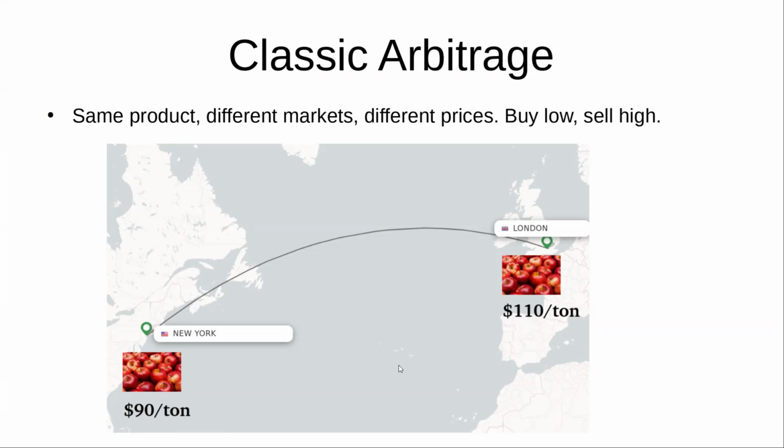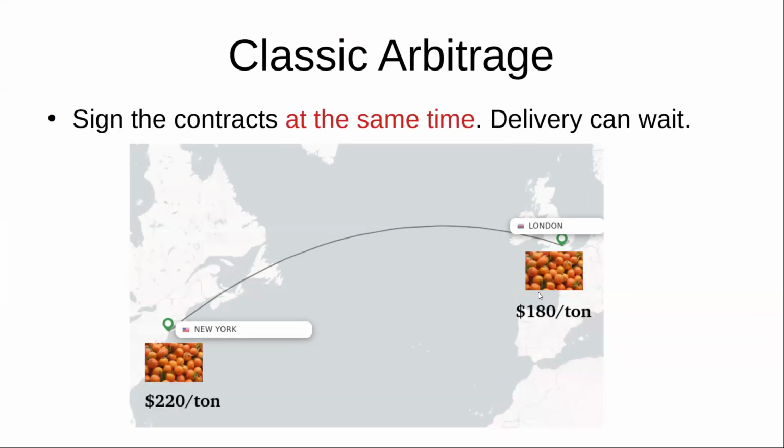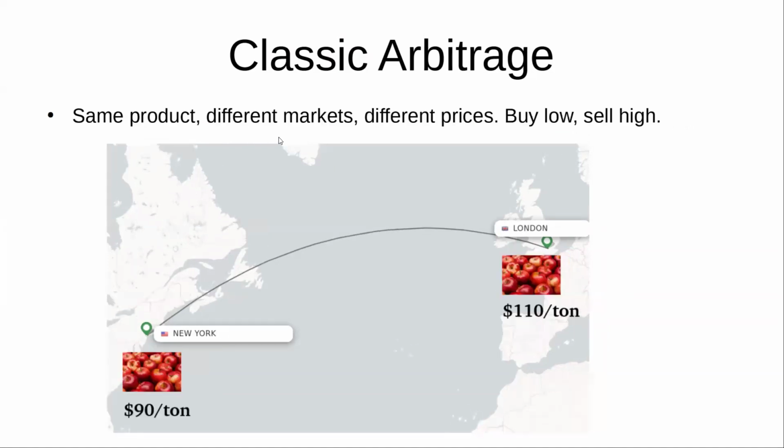So what do you do at this point? Well, you buy apples from New York and sell them in London. But the important thing is that you signed a contract to do that. Obviously, it will take some time to transport the apples from New York to London, or whatever stock you have, but the contract you sign instantaneously.